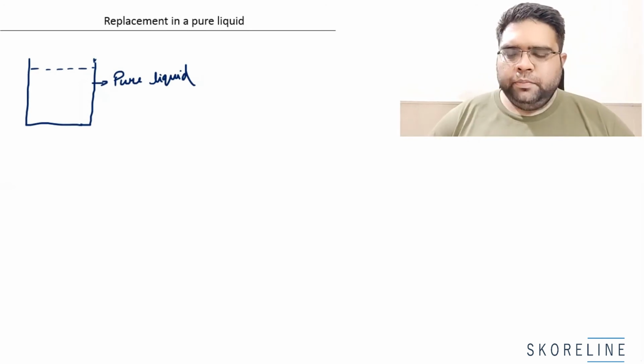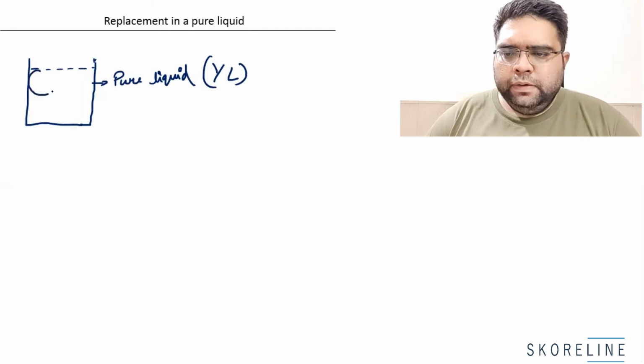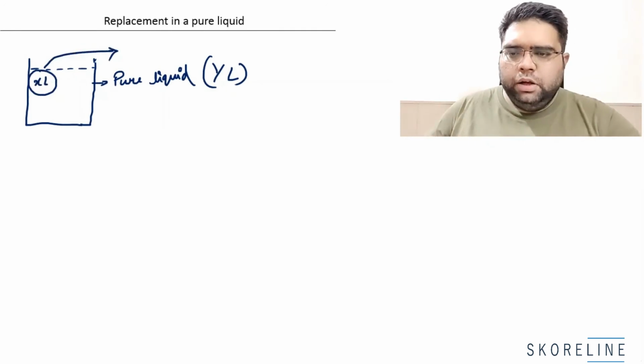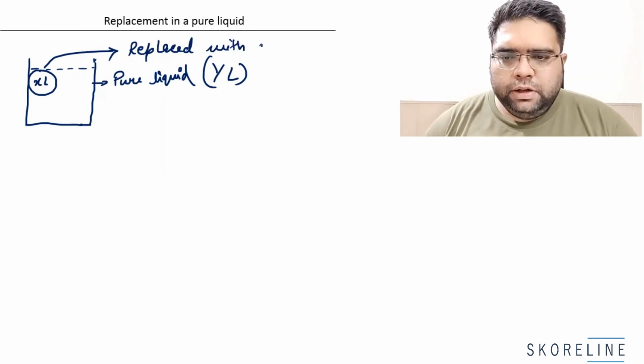Right? There would be a container. It will be filled with pure liquid. Let's say Y liters. Now, out of this pure liquid, some X liters will be taken out. X liters of that pure liquid from this container will be taken out and then replaced with some other liquid, a new liquid.